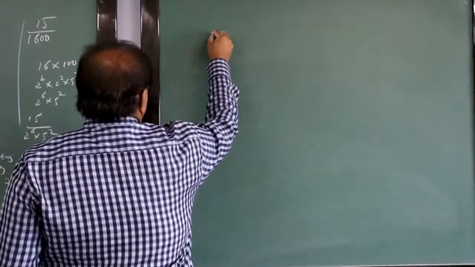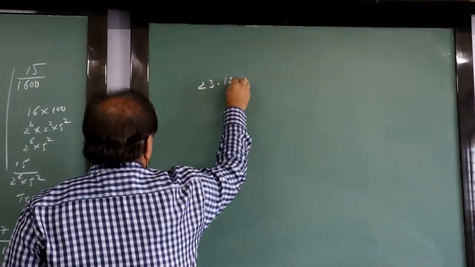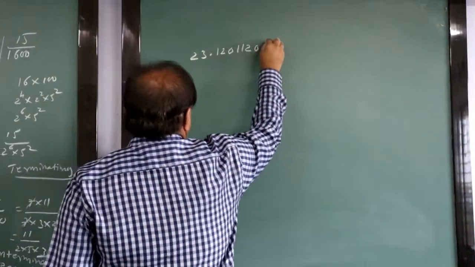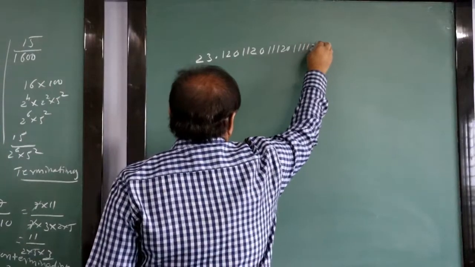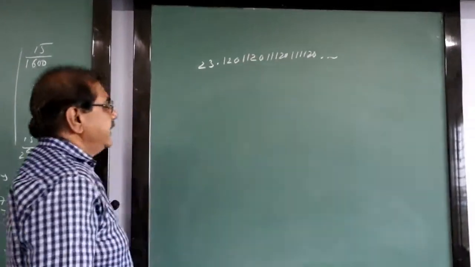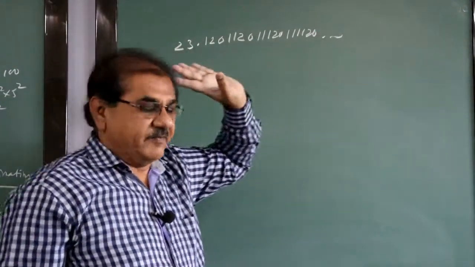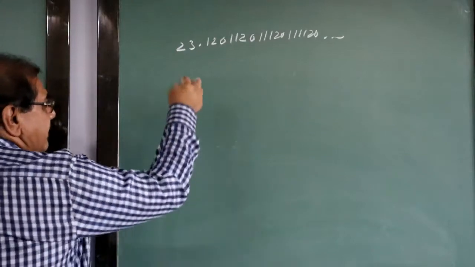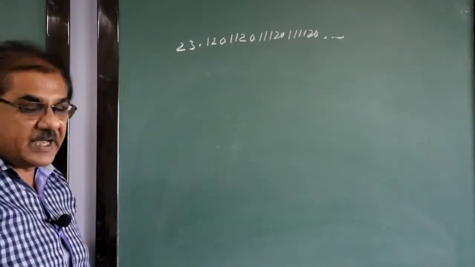So suppose I say 23.120112011201120 and so on. Here you can check it is not ending somewhere. That means it is non-terminating. At the same time, the particular block of numbers is not recurring either.